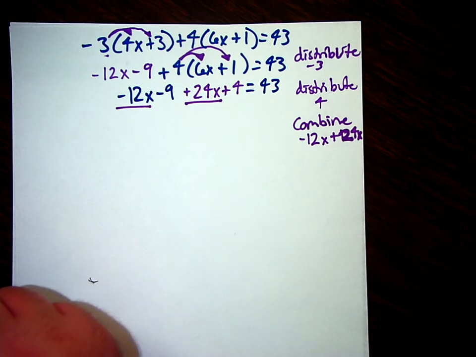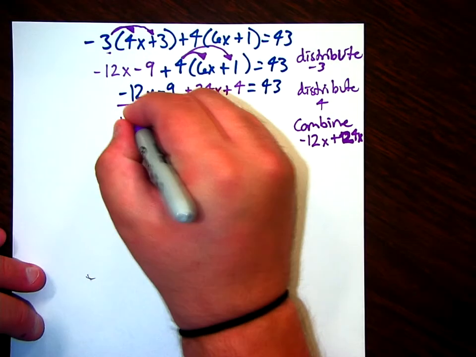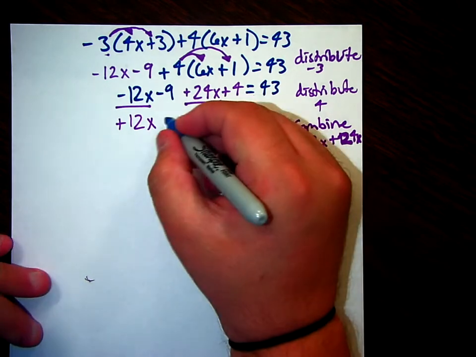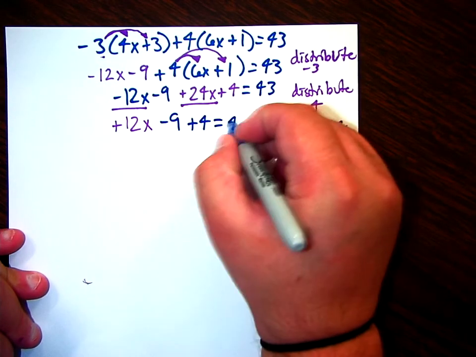Negative 12x plus 24x is going to give me a positive 12x. And then bring down everything else I didn't touch. Minus 9 plus 4 equals 43.